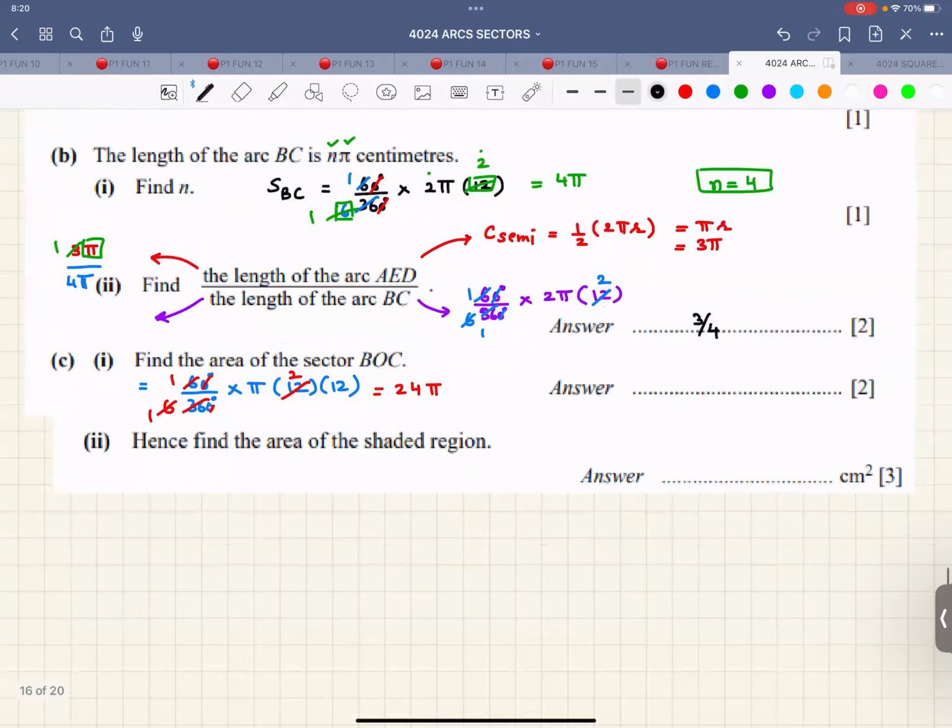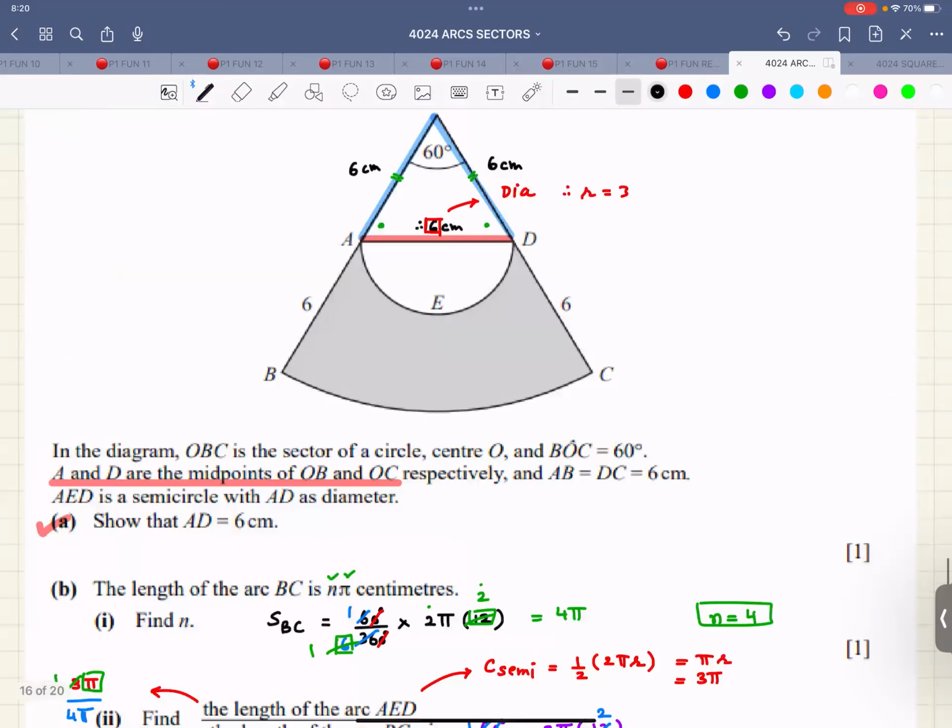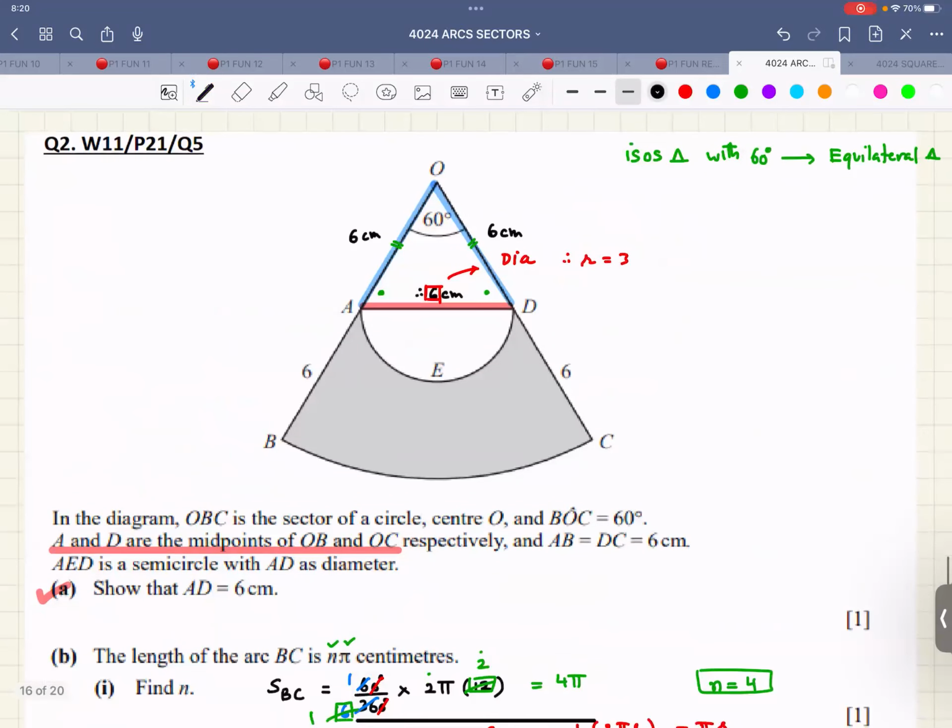Hence, find the area of the shaded region. So area of shaded region is area of the big sector minus this triangle minus the semicircle. So let me calculate this thing. Area of triangle OAD. That is half ab sine C. Now you need a calculator, or let me write it in the exact form.